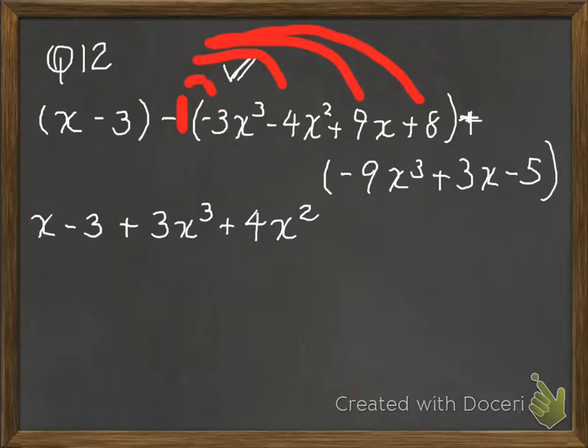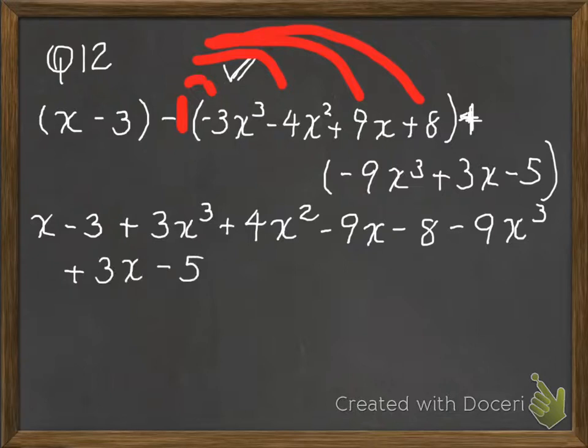And then we have negative 1 times positive 9x, which is negative 9x. And then a negative 1 times the positive 8, which is negative 8. And again, this positive sign preserves, so we can safely just drop the next set of parentheses. And inside those parentheses is minus 9x cubed plus 3x minus 5.